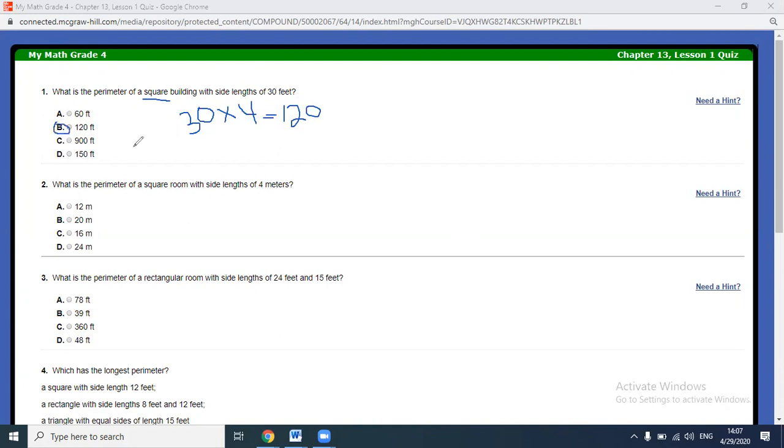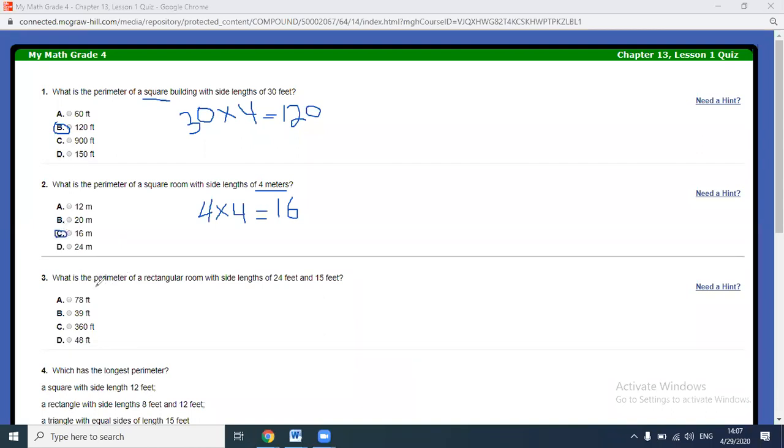Number 2. What is the perimeter of a square room with a side length of 4 meters? I have to multiply the side length, which is 4, times 4, to find the perimeter of a square. 4 times 4 equals 16. So the answer is 16.